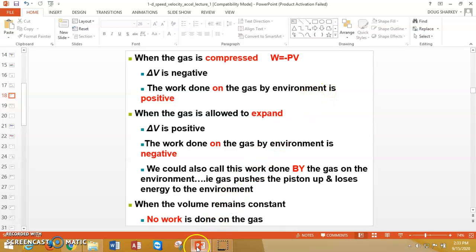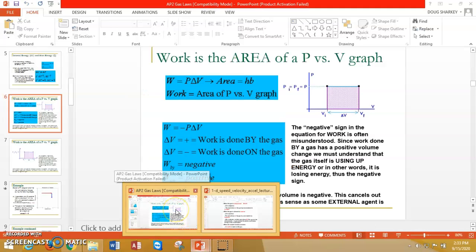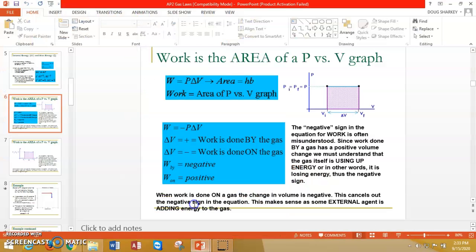This fits with my prior notes. In my prior notes, if we have a negative volume change, so the volume gets smaller, then we have positive work. Work done on the gas will be positive.